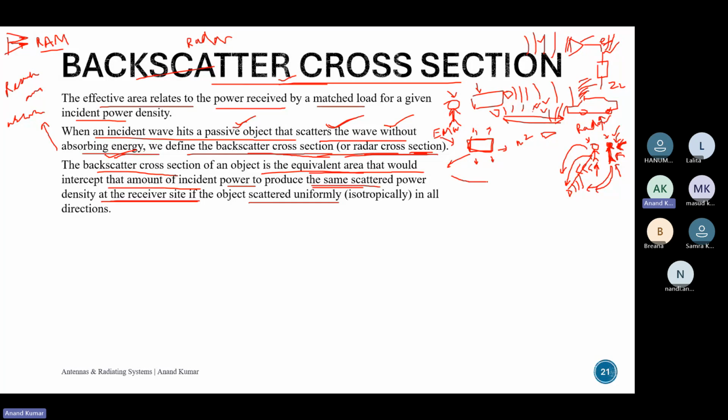So let's say we have a receiver over here at the receiver side, if the object scattered uniformly in all directions. So the amount of power which was incident on me, and similarly this blackboard or some other object, all of us will scatter the incident wave. And to quantify this, let's say there is a receiver.